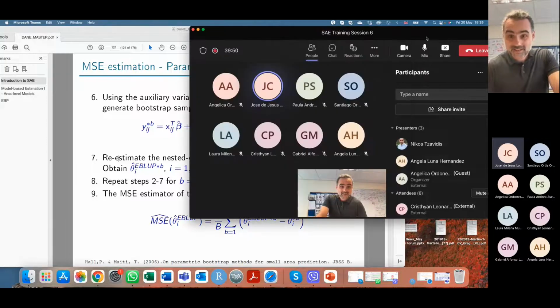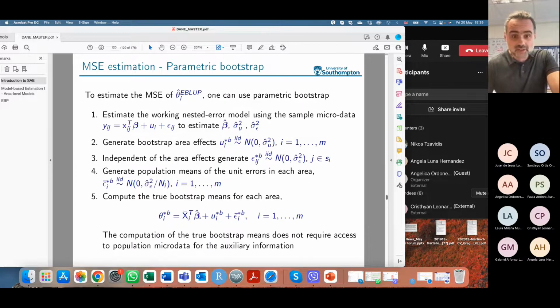Yes, in area level or unit level. When you say population values, I'm not sure. These are the X bar_i, the capital X bar_i, right? So this is basically at the area level. For this particular exercise, we don't need population values for every unit in the population.